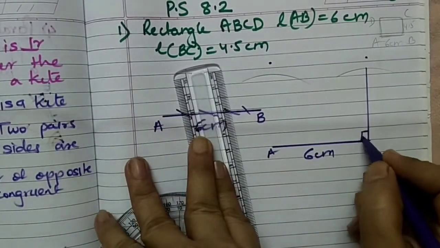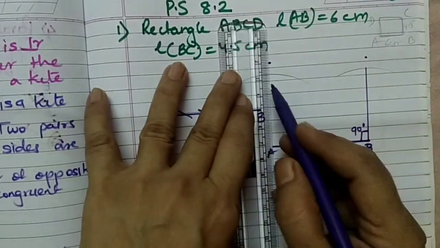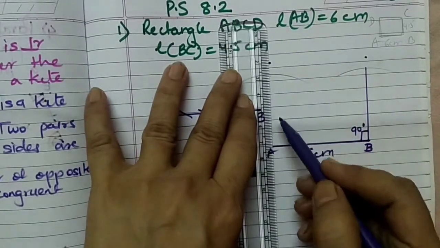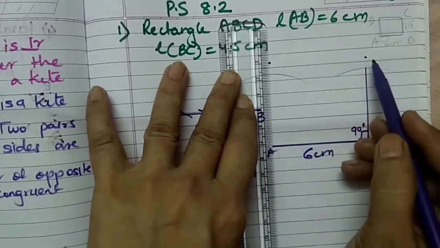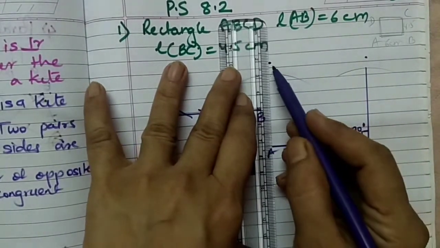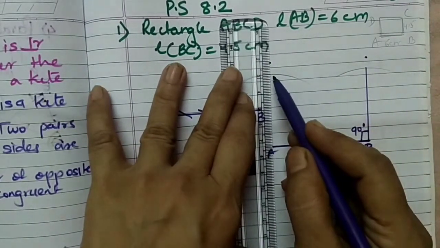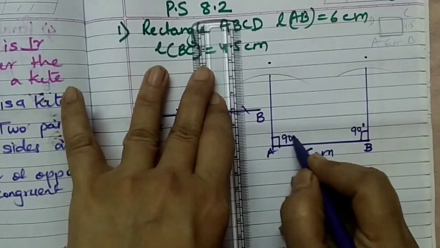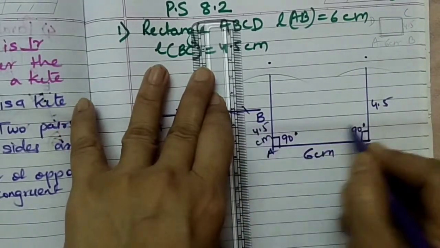This is 90 degrees. Same way here also, my mark is here, my 4.5 is here, so my segment, if I extend, should pass through this point. I cannot take it this way or that way, it has to be this way only. This is also 90 degrees. This is 4.5, this is 4.5 centimeter.